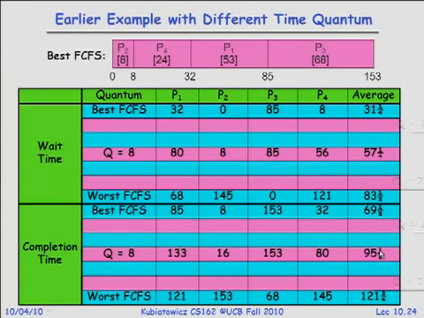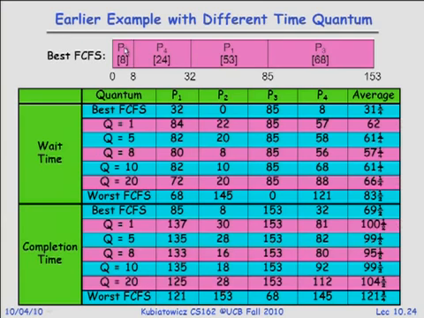Okay? And we can fill this in. And notice how the shortest process, number 2, is basically stuck here. For the best first come, first serve it's 0 wait time. The worst is 145. So the short guy has basically the largest variance.